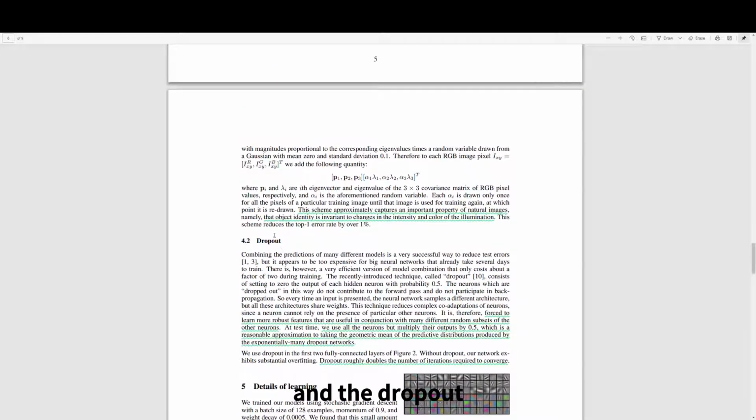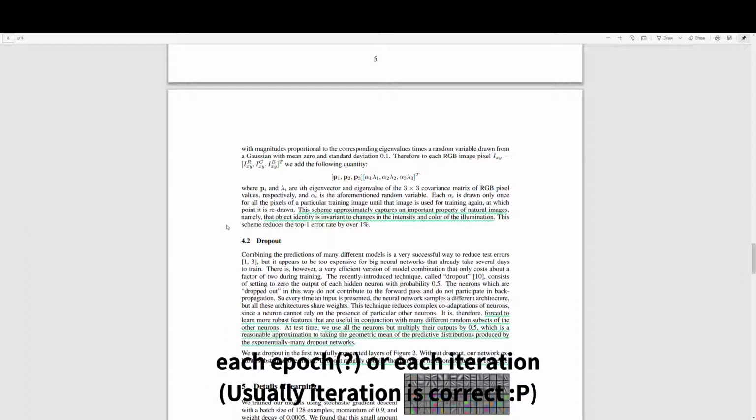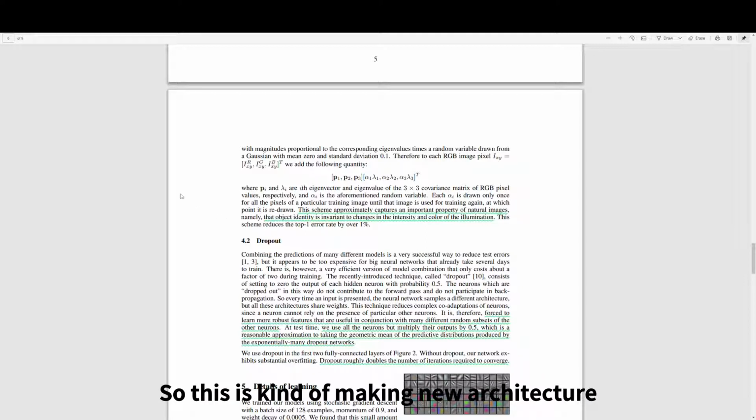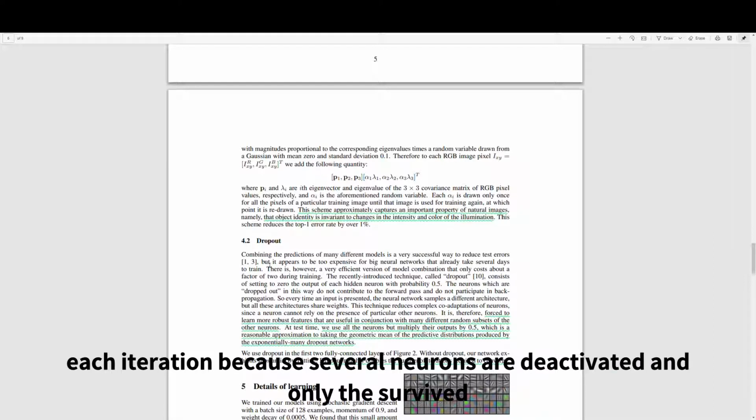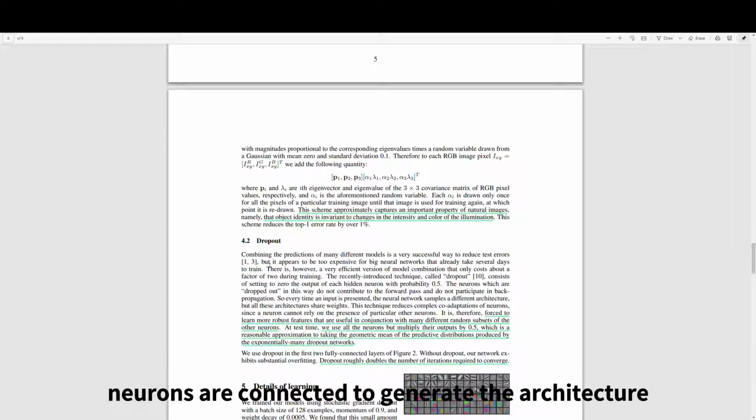And dropout is a technique to deactivate several neurons when training, for each iteration. This makes a new architecture at each iteration, because several neurons are deactivated and only the surviving neurons are connected to generate the architecture.